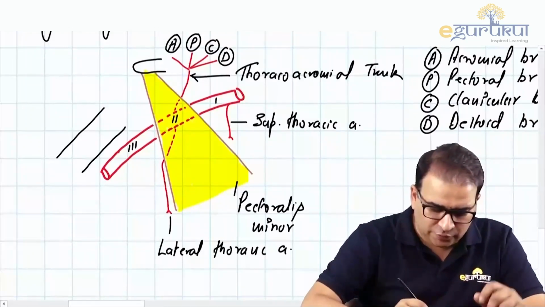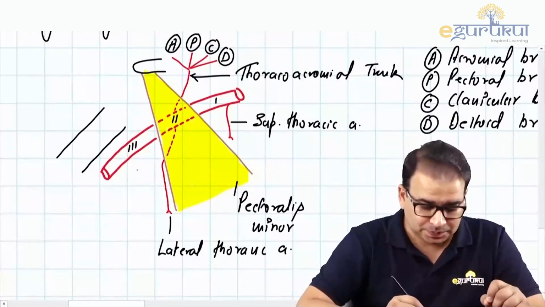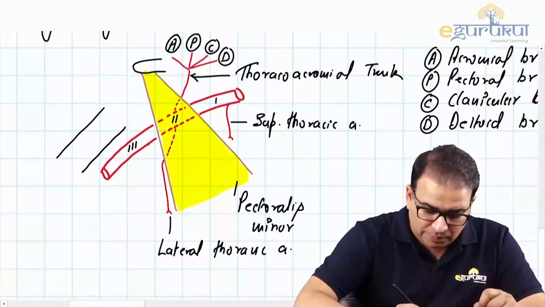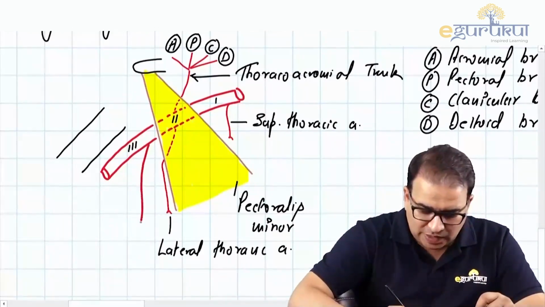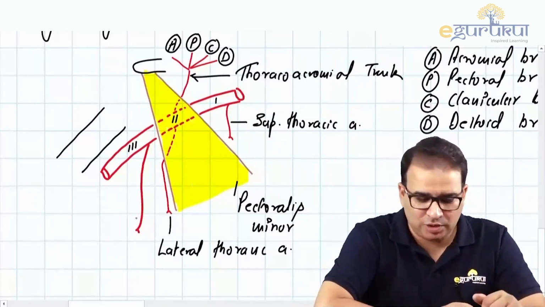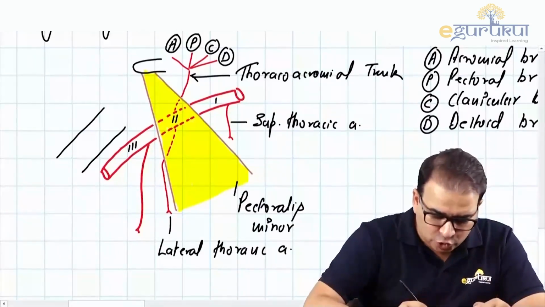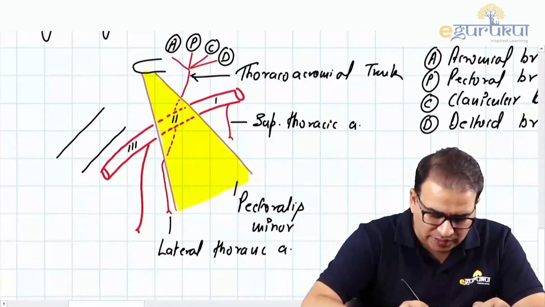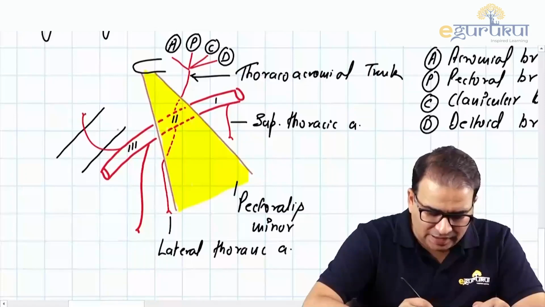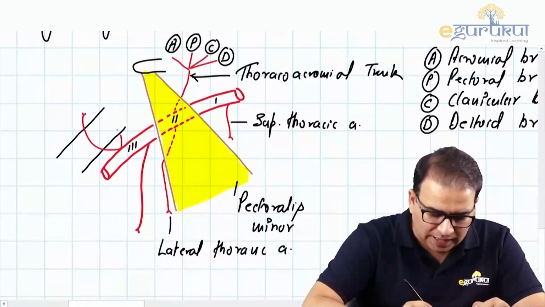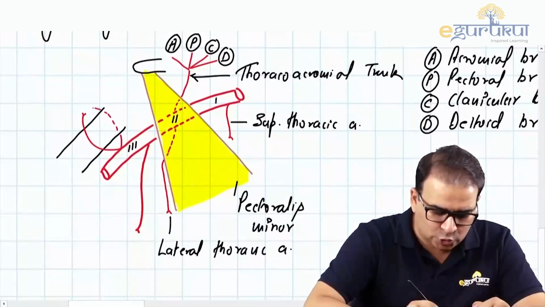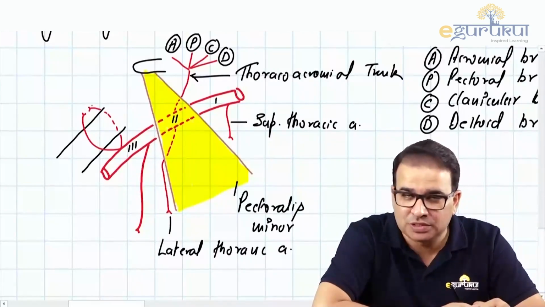So what you'll see, from the third part we have 3 branches. Number 1, we have a branch which is the largest branch of the axillary artery. I'll tell you about its name. And then we have 2 more branches slightly more distal to it. One winds anteriorly to the surgical neck of the humerus and another one winds posteriorly to the surgical neck of the humerus.